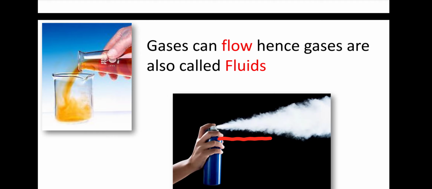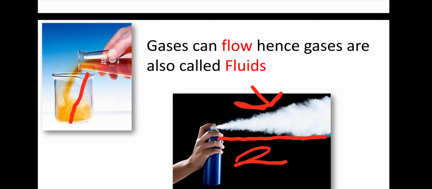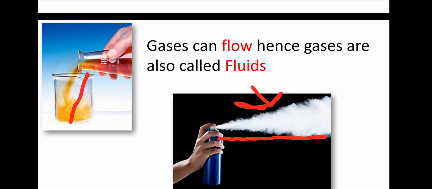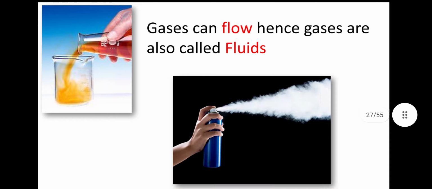Because as you can see, smoke here, everything is fluid. Did you know that these chemical waters are mixed with the gaseous state? So gases can flow, hence gases are called fluids. Very, very important. Okay guys, now let's continue with the video.